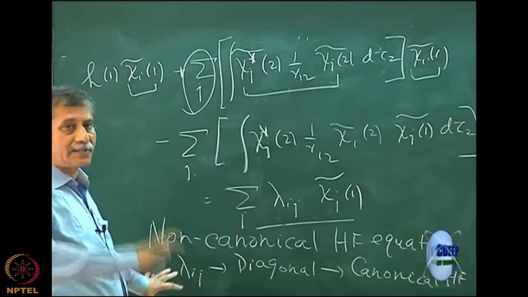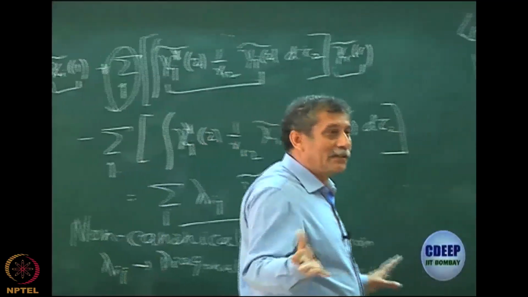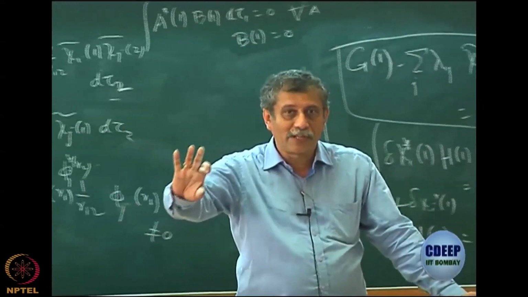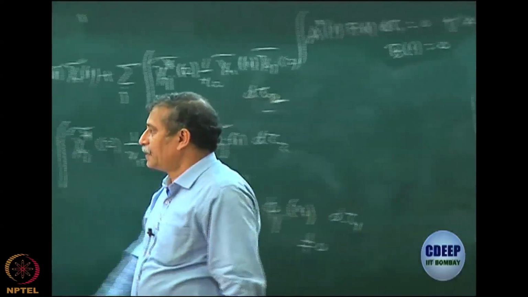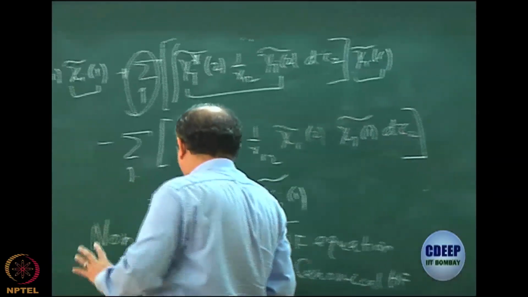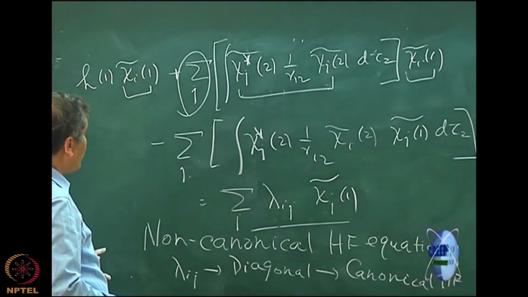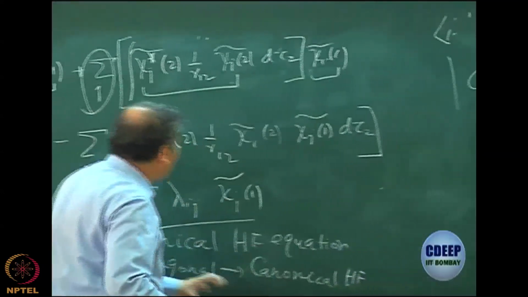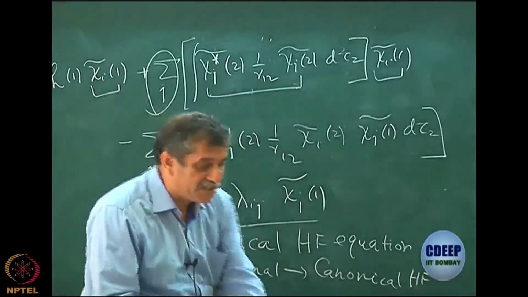How to achieve this? I can't make an approximation, because if I approximate this, then you are saying canonical is only an approximation. That's not true. We will achieve this by exact means. There is a lot more to it, but right now we are stuck with the non-canonical. But our problem is that even if it was canonical, I can't make it into an eigenvalue equation form because of this exchange part.